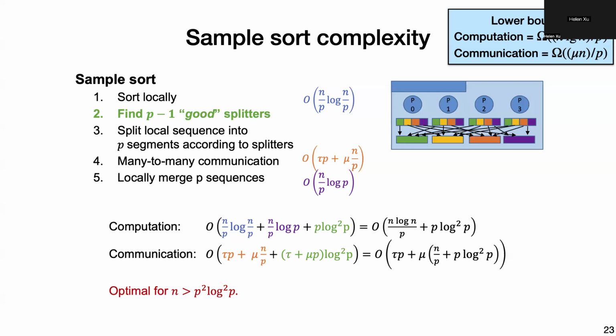And you get that by just multiplying p on the other side. And then for communication, it's the same thing. You want mu n over p to be the biggest term, and so you just multiply by p. Questions?